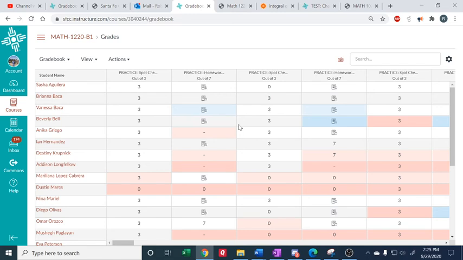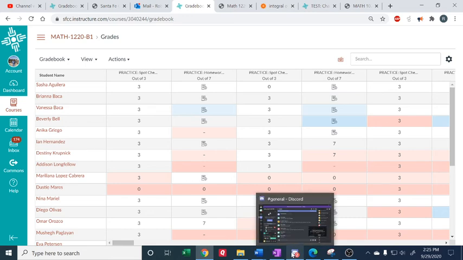But try to get them in as soon as you can after you see that there's something to redo. Okay? All right, thanks. You're welcome. Thank you so much, Mr. Shankin. Oh, you're very welcome.